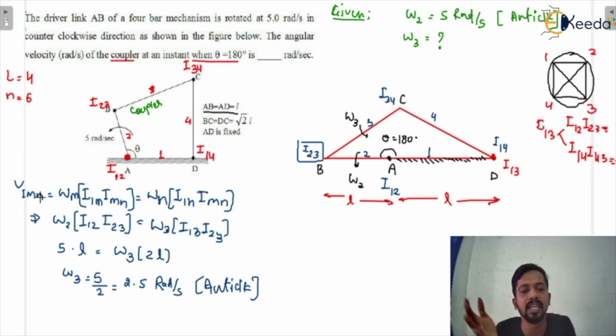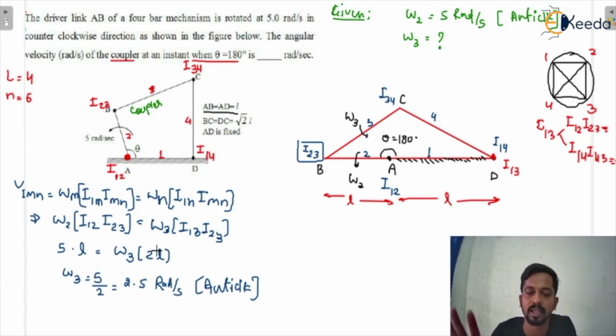IMN can be treated on link M and on link N. So we can apply the velocity formula in terms of angular velocity, V is equal to R omega, with I1M and IMN. R is the radius of rotation for link M, and likewise for link N. So we have calculated this.